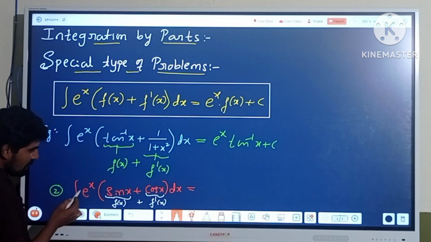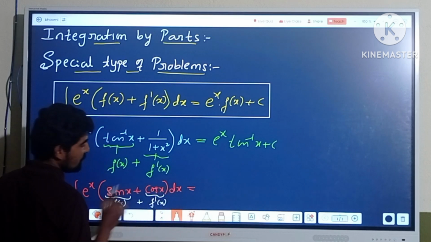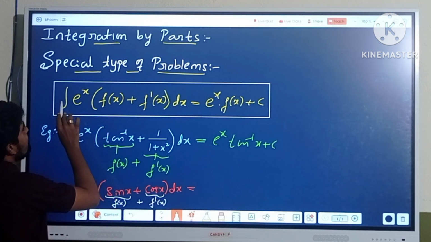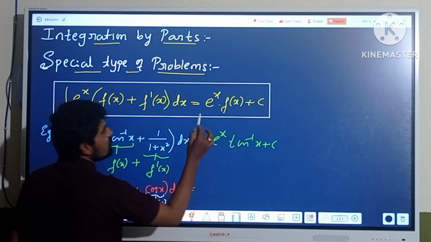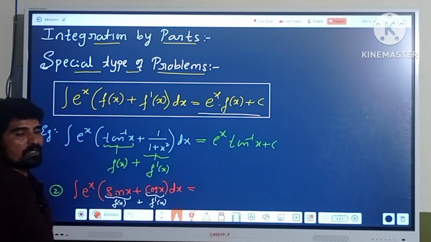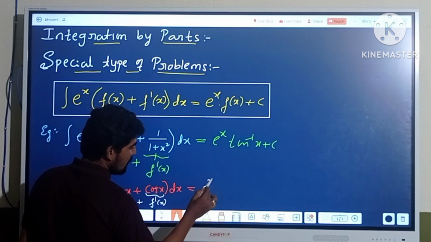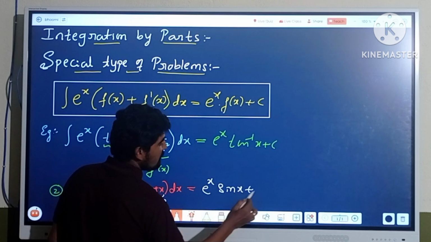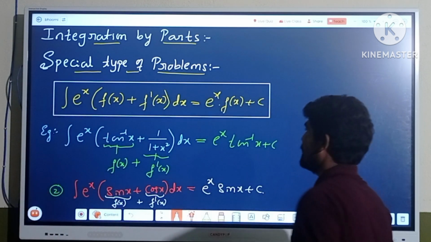So this is of the form integration of e power x into f x plus f dash x with respect to x. Its formula is e power x into f x plus c. Therefore its answer is e power x into f x, what is f x? Sin x, plus integral constant c. I hope all of you understood.